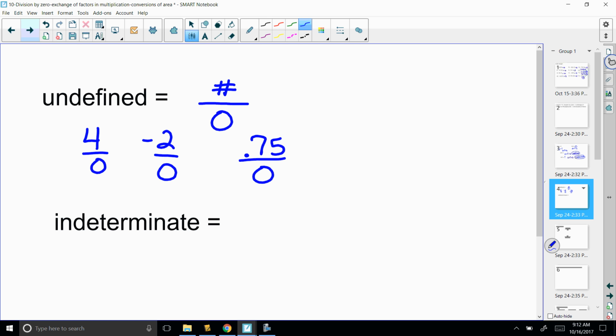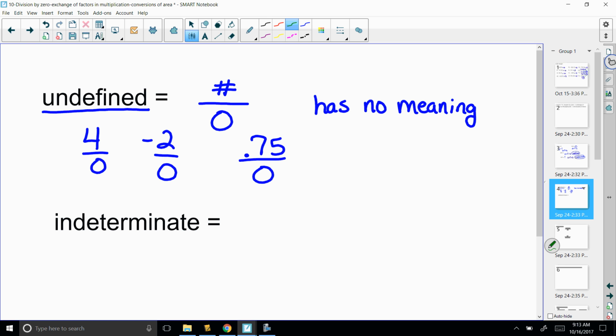All of these are what is referred to as undefined. It does not exist, has no meaning. It has no meaning because I can't take 0 times a number and get another number. The only answer you get is 0.